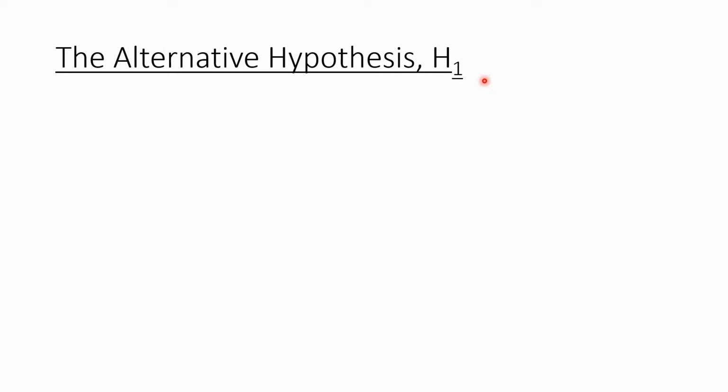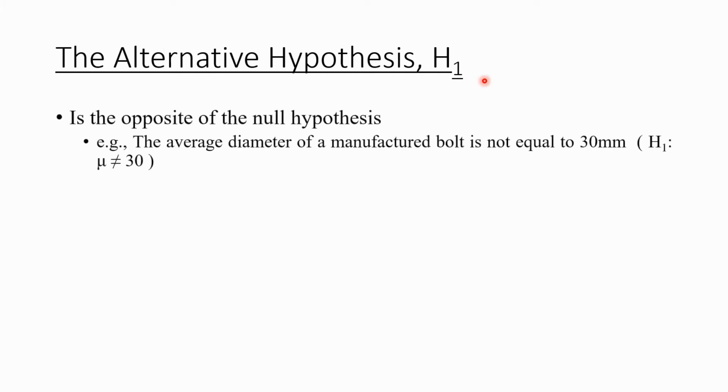In our previous example, the average diameter of a manufactured bolt is not equal to 30 millimeters would be your alternative hypothesis. Your null hypothesis would be the average diameter of a manufactured bolt is 30 millimeters. That is your null. When you say not equal to, you know, okay, this is your alternative hypothesis, because remember, in your null hypothesis, it always contains the equal sign.